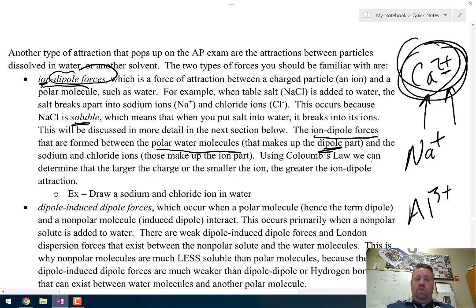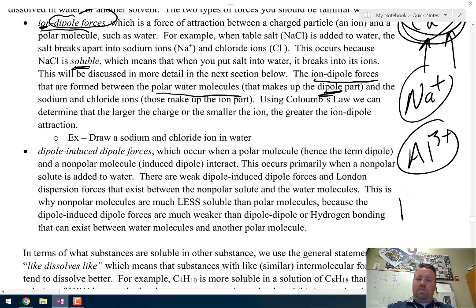Now, using Coulomb's law, we can determine that the larger the charge or the smaller the ion, the greater the ion-dipole attraction. For example, of these three here, which one is going to be most attracted to a water molecule? Remember Coulomb's law, the force of attraction is proportional to the charges over the distance.